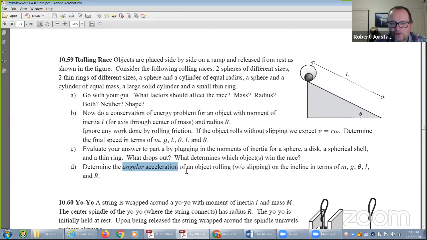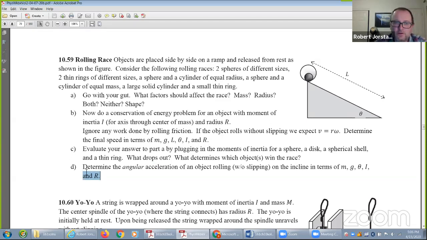So in general, when I see a question asking about angular acceleration, that makes me think about torque. Now, when I saw this question, it said do an energy problem, and it talks about velocity. So if I see velocity or omega, a lot of times I'll try and do energy. If I see angular acceleration, I'll try and do torque.